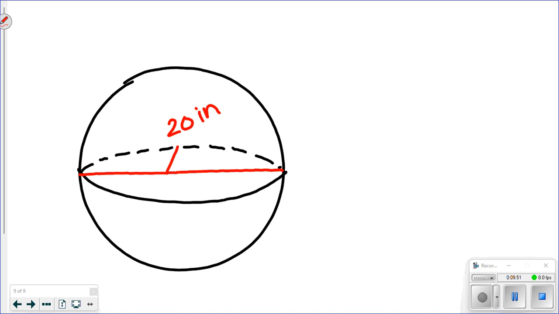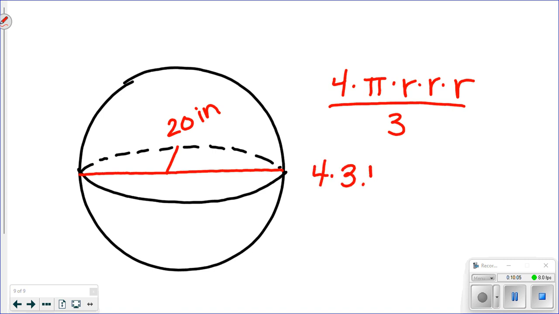The first thing you need to do, write out the formula. 4 times pi times radius times radius times radius, all divided by 3. 4 times 3.14.